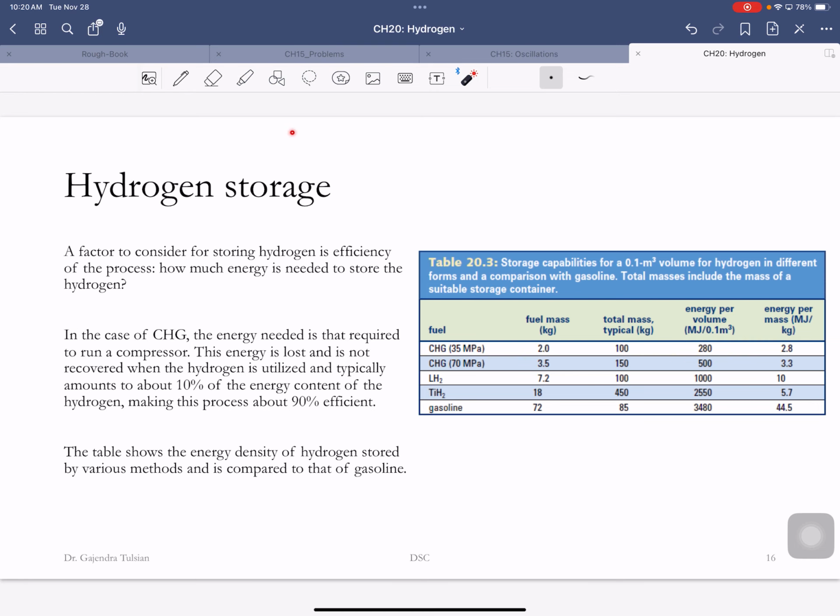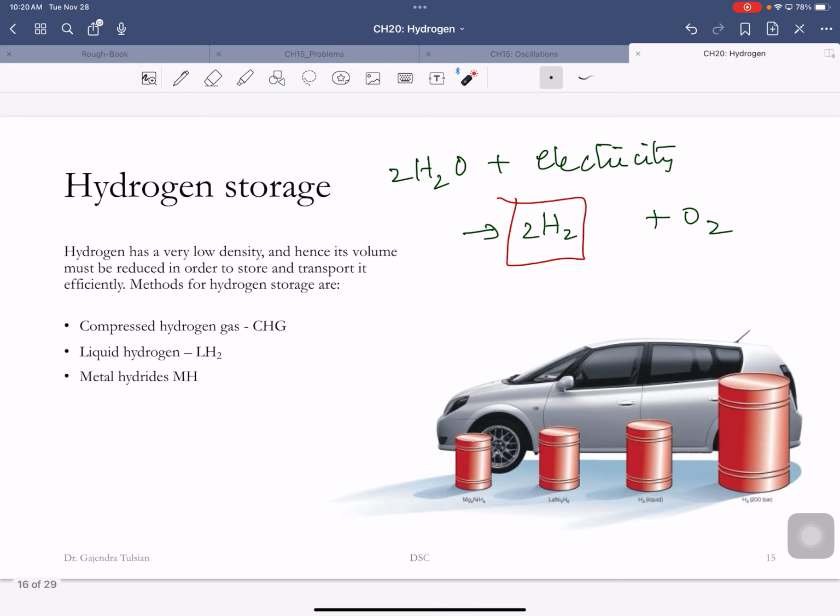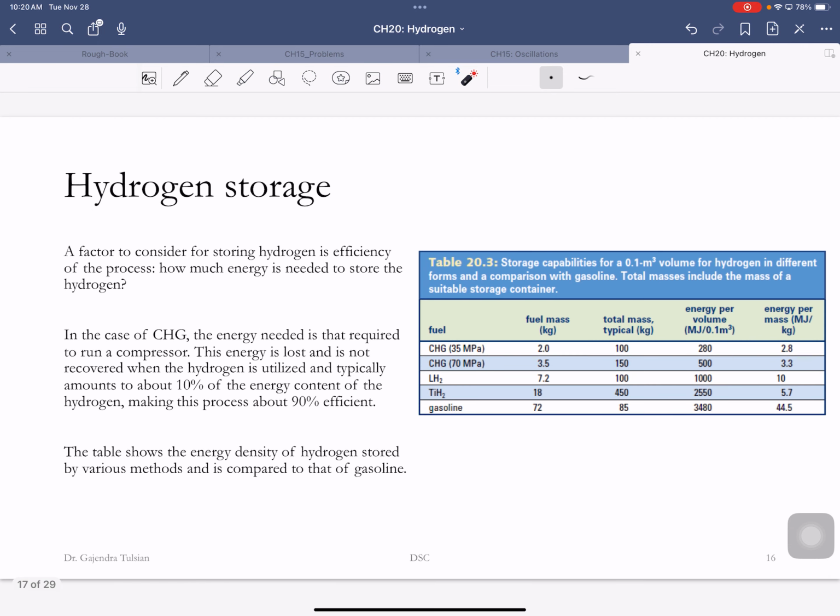So now we want to figure out hydrogen storage. You produced hydrogen and you're trying to store hydrogen. This gives you the numbers. This is compressed hydrogen gas, compressed at 350.